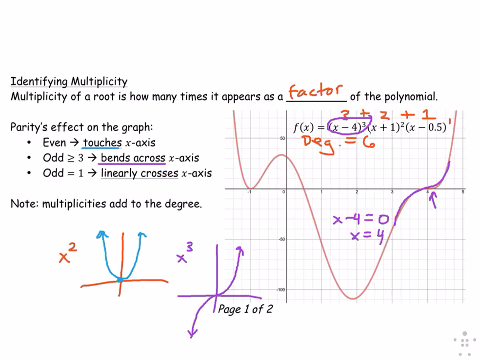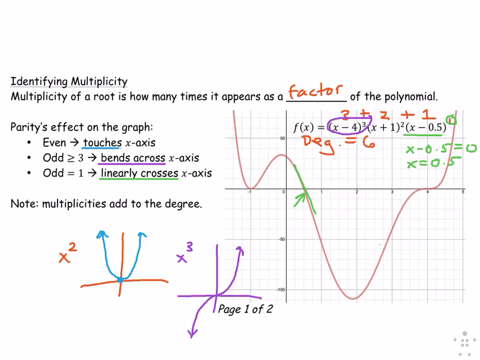But what happens when you raise something to the first power? In that case, you need to think about that as a special case of odd. So here, it's going to linearly cross the x-axis. Because if you think about this example here, where that's the first power, if I solve that and set equal to 0, I should at 1/2 have an intersection where it kind of just shoots straight through.